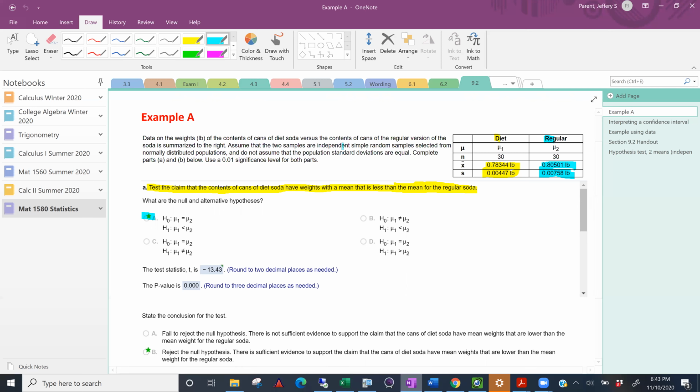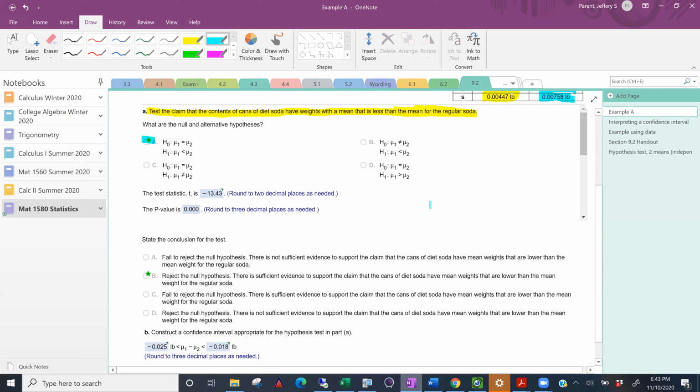I don't know why the software in my math lab has to remove everything fun, but they're talking about cans of Coke. Assume that the two samples are independent. That's good. Simple random samples, even better. Selected from a normally distributed population. Test the claim that the contents of the cans of diet soda have weights with a mean that is less than the mean for the regular soda.